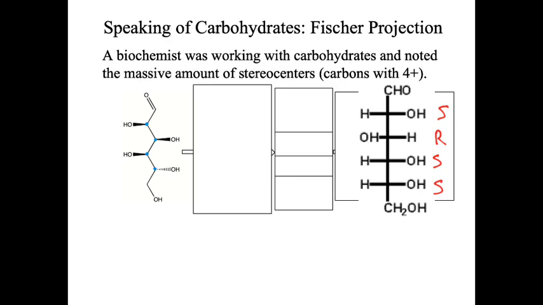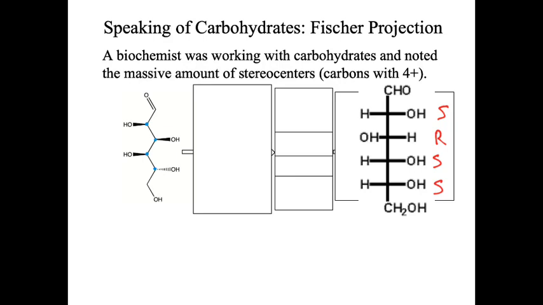Anybody notice a pattern? What does R mean? Clockwise. So if we start at noon and we go clockwise, we're going to the right. S is sinister, referencing left-handedness, biblical left-handedness. So if we go S, counterclockwise is going to the S or the left-hand direction.